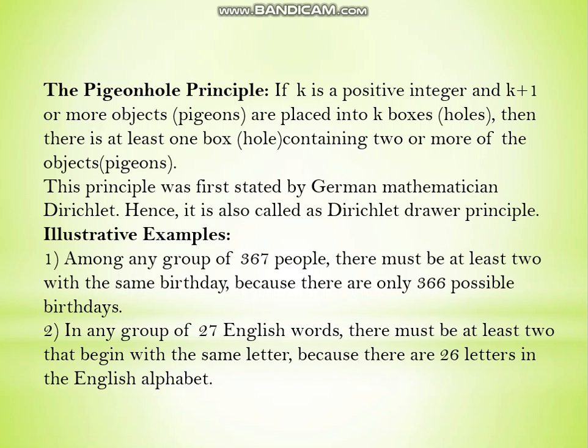So even if you have 365 or 366 boxes, and 366 people have birthdays on different days, it may happen, but the 367th person will go to a box in which we already have one object. So that means there are at least 2 with the same birthday.